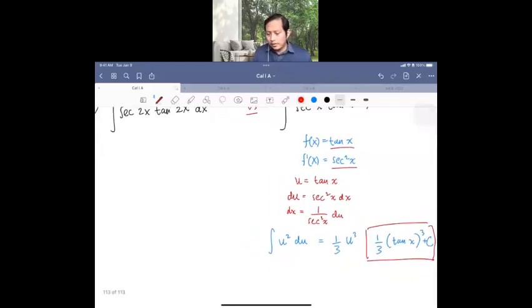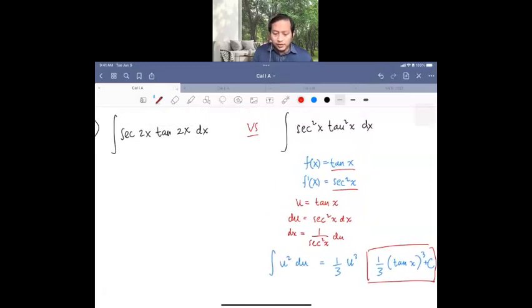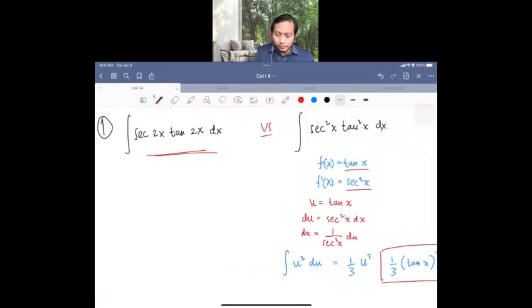Okay, let's go back to the lecture. I think the right one is clear, right? So the left one, you can start with u is 2x. So du is 2dx, or dx is half du.